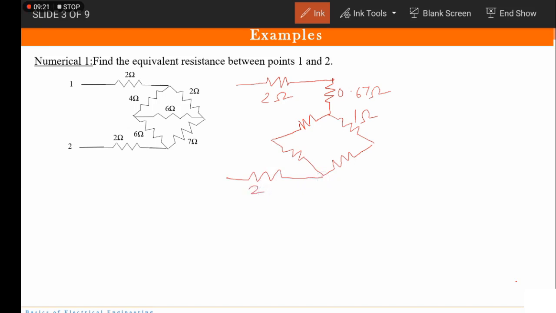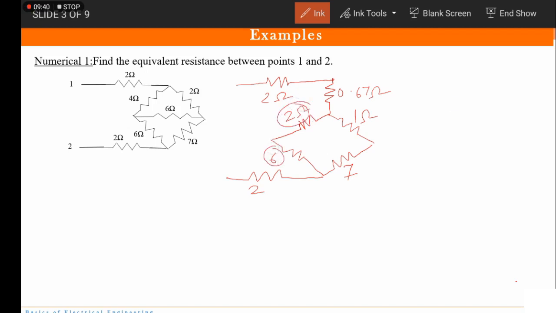So this is 2, this was 6 and this was 7, right? And even this was 2 ohms. Okay, fine. Correct? This is clear?